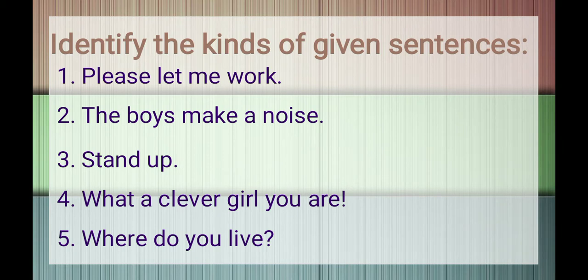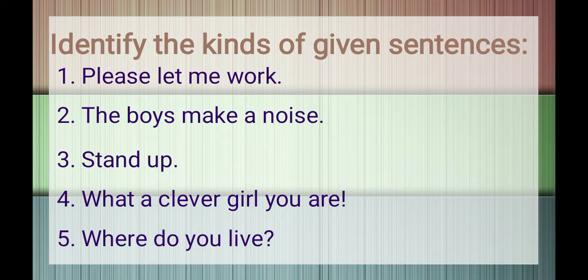Next, fifth question is, where do you live? Again, here there is no full stop. There is question mark. After looking at question mark only, we understand which type of sentence this is. And WH words like where is also here. Then after where there is auxiliary verb. Then there is subject and then there is main verb.